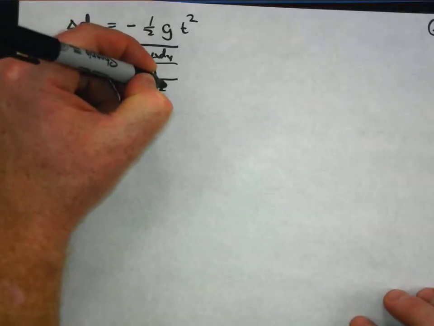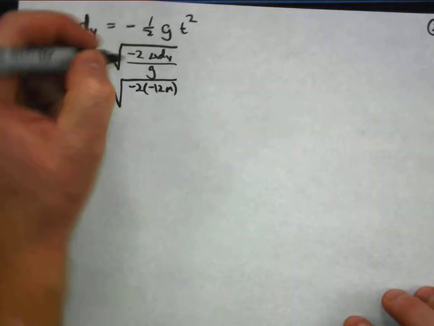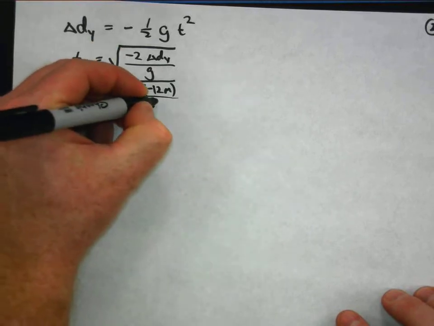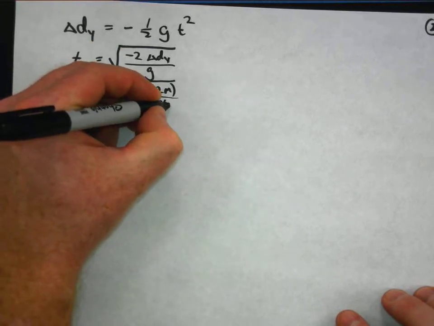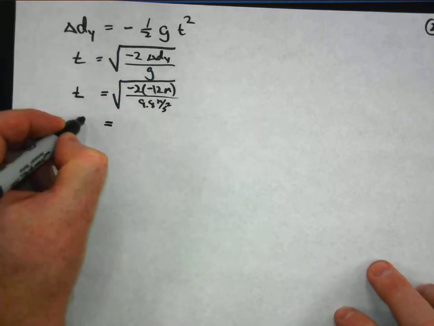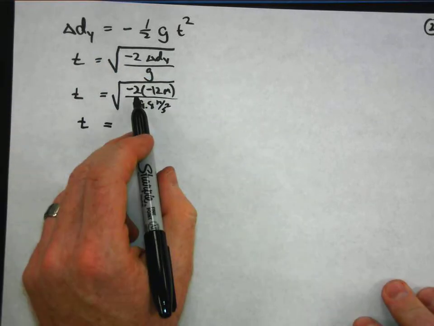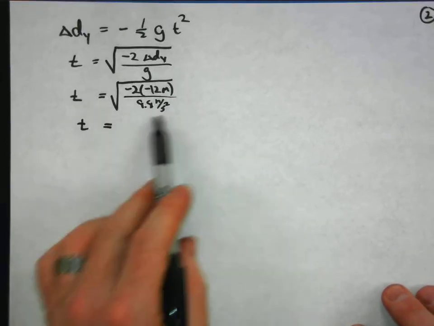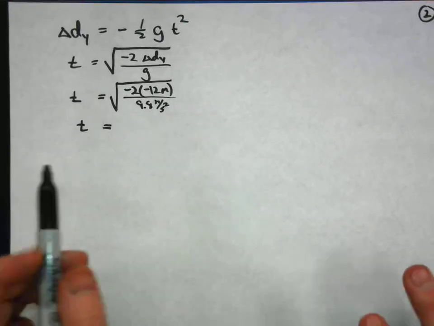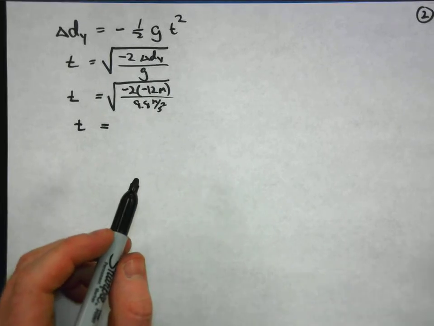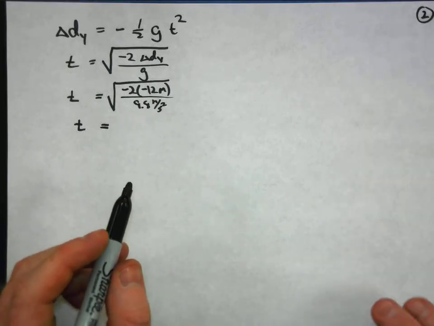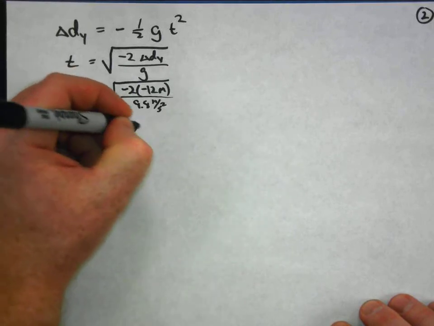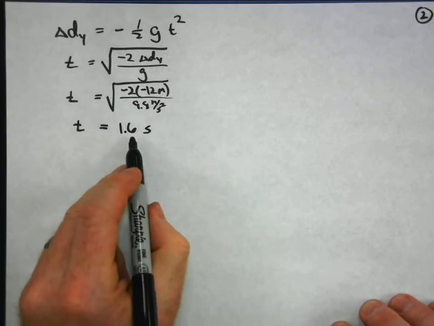Negative 12 meters divided by g, and g is 9.8 meters per second squared. So what's nice about this is if I keep all my minus signs organized, then I do not end up with a negative under the radical, and everything works out. And when I do this and solve those numbers, I get a time of 1.6 seconds. A little bit of rounding to get this number.